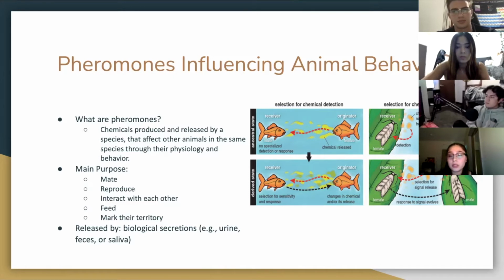The main purpose for pheromones is to help the animals mate and reproduce, as well as interact with each other, and also to be able to find food. It is most commonly used for them to mark their territory and let other species know. And the way that they're released is mainly by biological secretions, such as through urine, feces, or saliva.